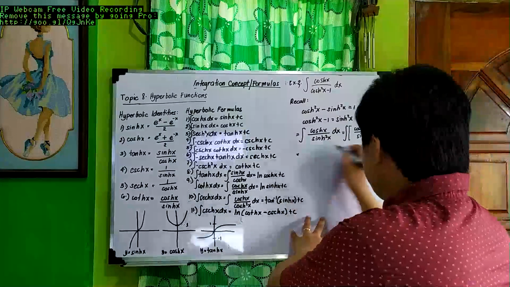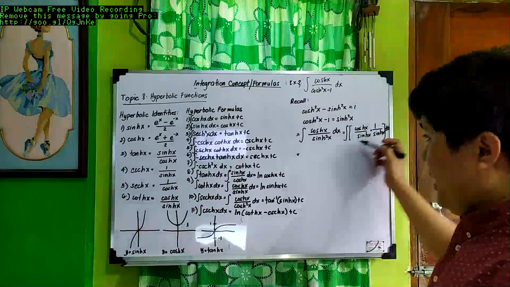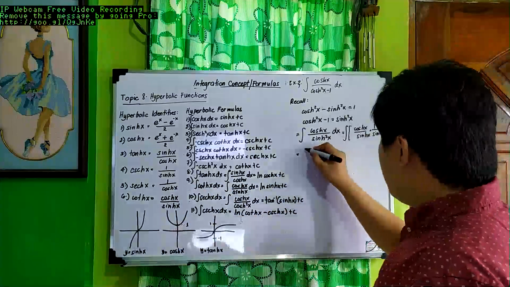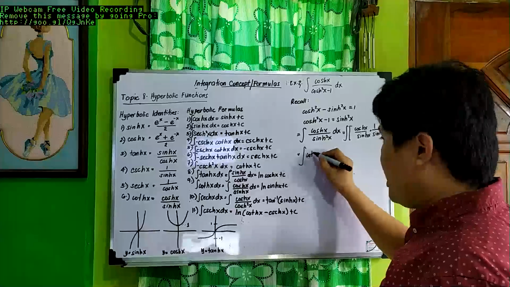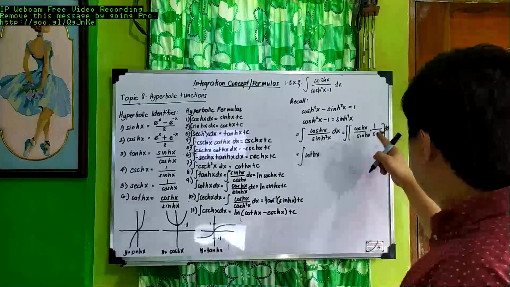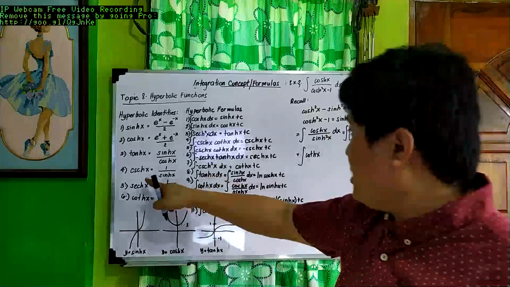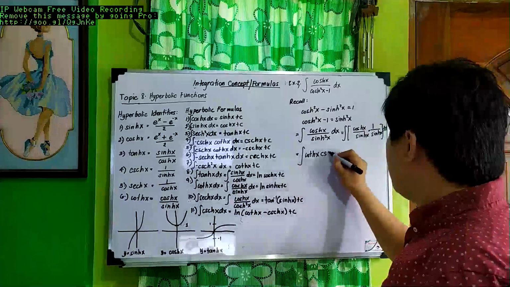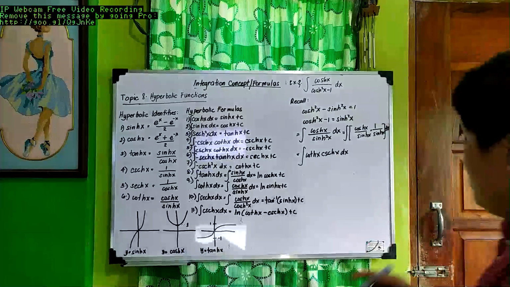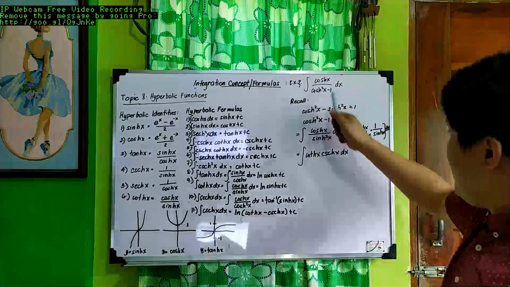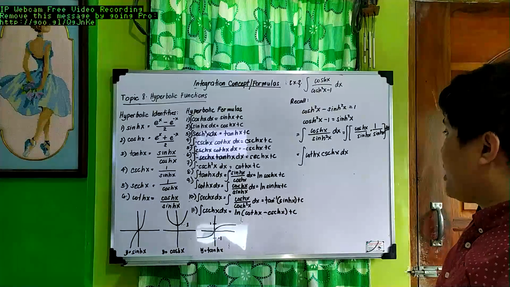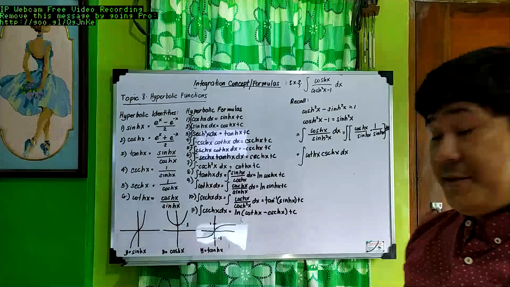Now we could get the identity. What is the identity of cosine over sine? Cosine over sine is cotangent. So we have cotangent hyperbolic x times 1 over sine, that is cosecant hyperbolic x dx. So this is equivalent to cotangent hyperbolic x times cosecant hyperbolic x dx.